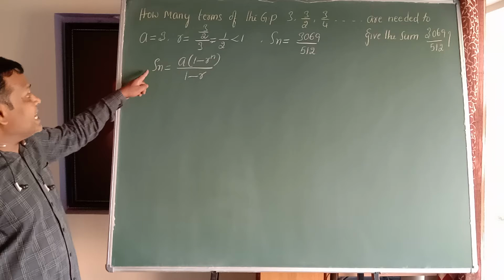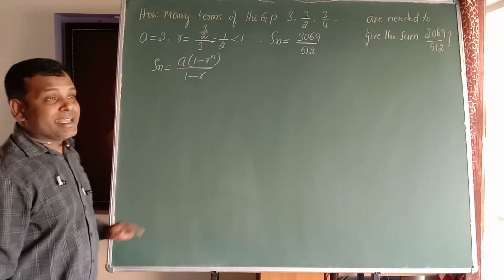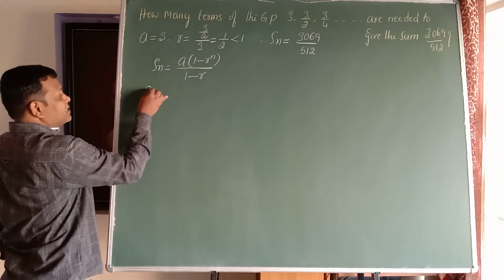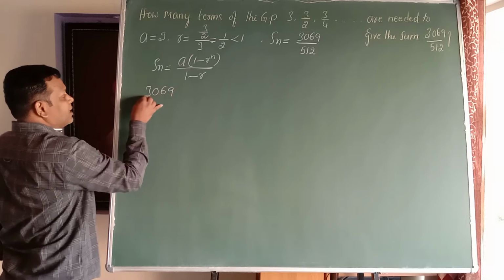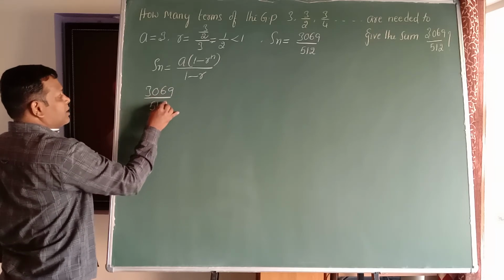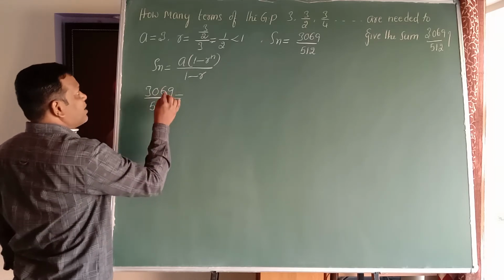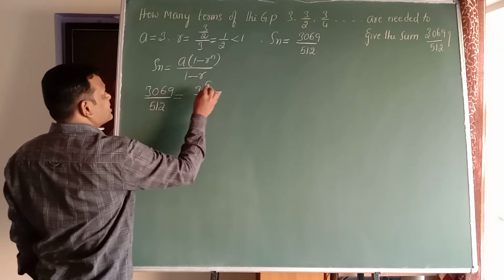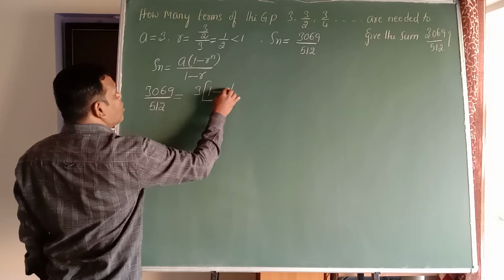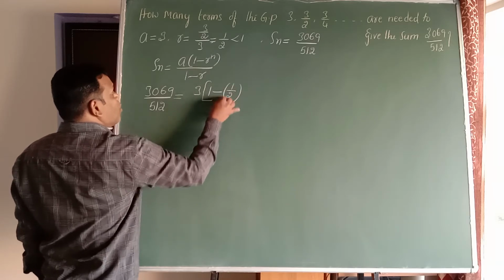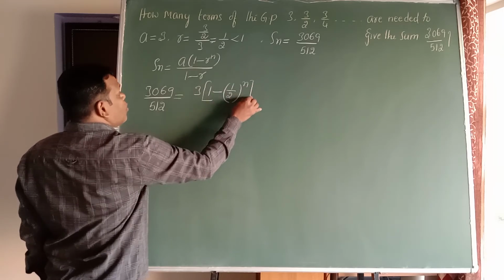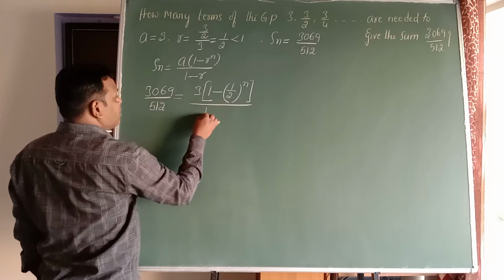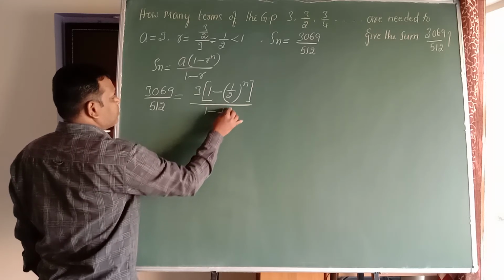But Sn, what is given? Sn is 3069 divided by 512. That is equal to A, what is A? 3, into 1 minus R, what is R here? 1 by 2, whole power n, whole divided by 1 minus 1 by 2.